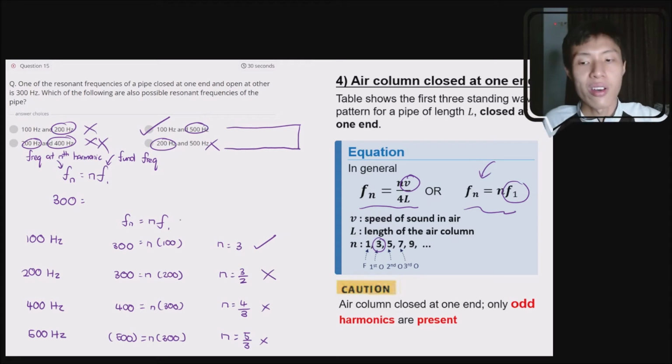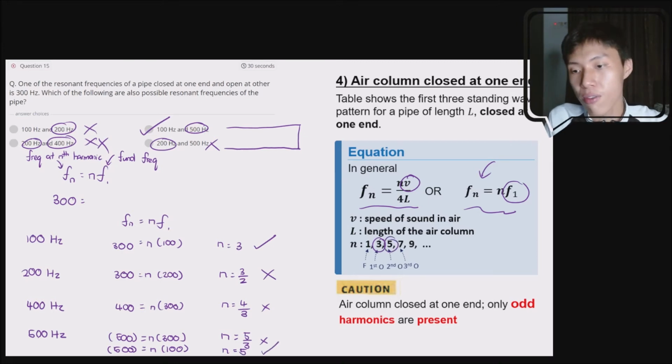Not really. How you can think about it is, if you change your fundamental frequency to be 100, then if you put in 500, your n will be equal to 5. So n equals 5 is a valid one.